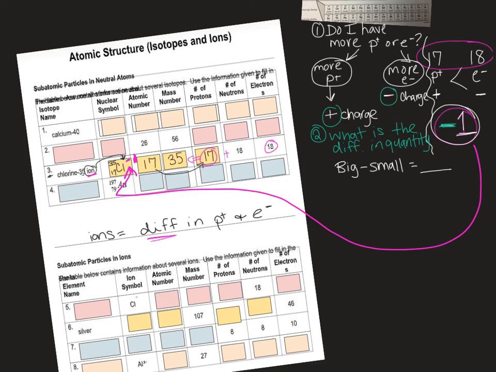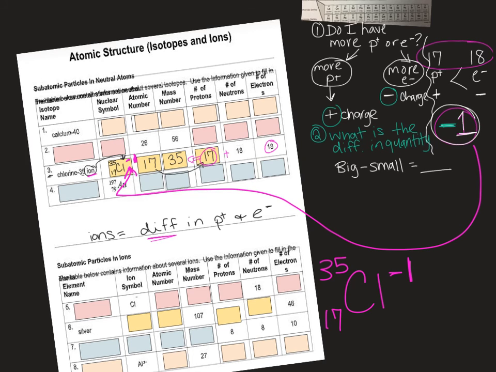And that's the charge. So really this answer for number 3 is Cl with a -1, and then you had the 35 above and the 17 below because I wanted the whole nuclear symbol. So that one's kind of an extra question, okay? So that was the way that you're going to handle this.